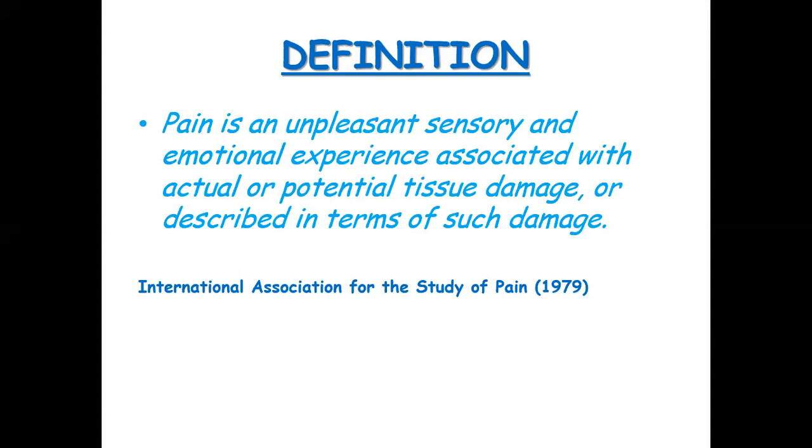Or potential tissue damage: sometimes there is no actual tissue damage, but there are chances that the tissue is going to be damaged as a result of inflammation or some other process. So whenever there is going to be some damage, it will produce some unpleasant sensory and emotional feelings, and that is included in pain. But that was 40 years back.